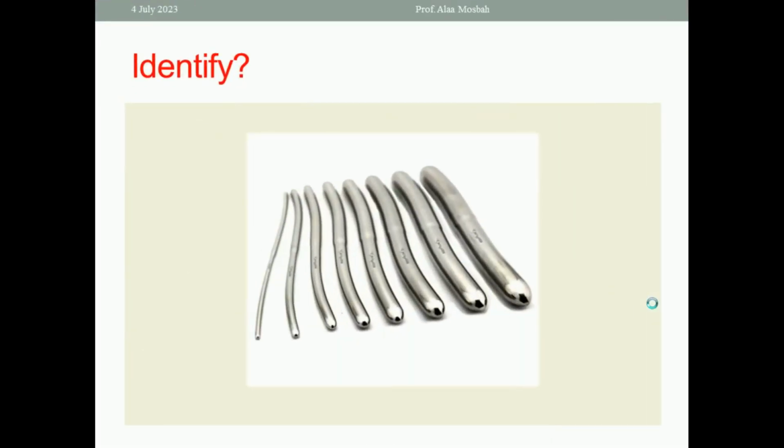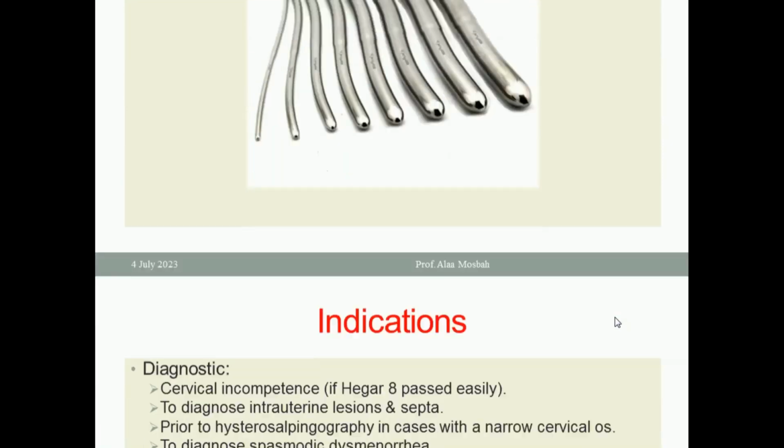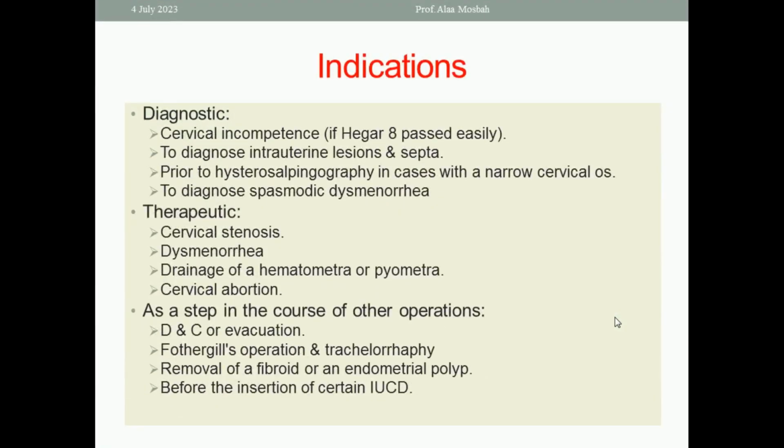Go to the next, please. Look to this picture. What is shown in the picture? This is the Hegar uterine dilator. What are the indications for using Hegar dilators? Maybe diagnostic, therapeutic, or as a step in the course of other operations.